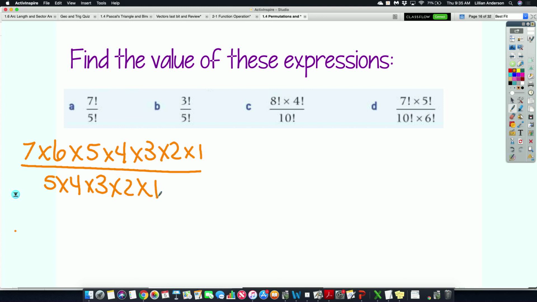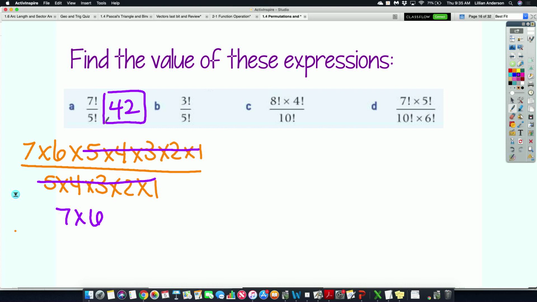They have 5, 4, 3, 2, 1 all being multiplied together that we can cancel out. And the reason why we can cancel this out is because they're being multiplied. That's the only time we cancel things out. So 7 factorial divided by 5 factorial is the same thing as saying 7 times 6, which is what? 42. No need for a calculator to do this. It's all right there. Okay?